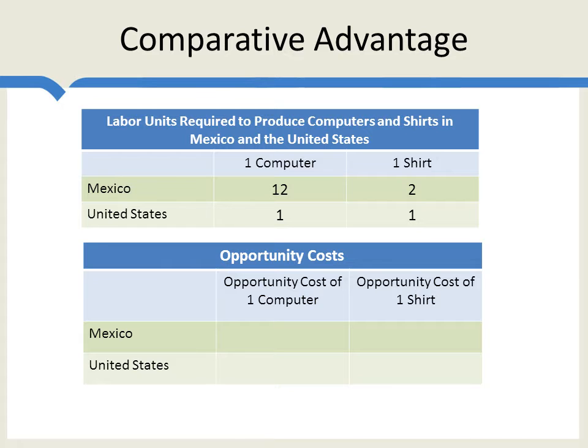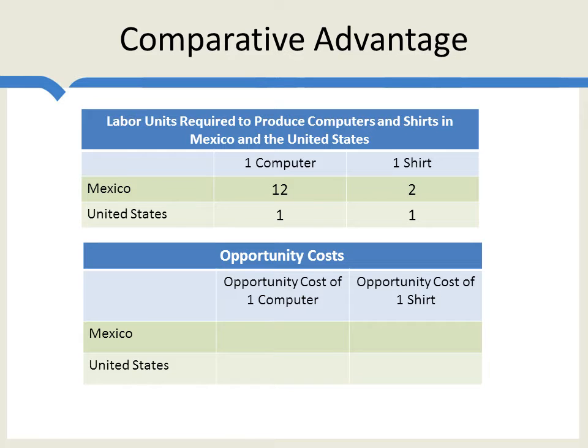Okay. Now, let's begin with an easy case. What's the opportunity cost of one computer in the United States? In other words, to produce an additional computer in the United States, what would we have to give up? Well, in order to get that additional computer, we'd have to take labor from shirt production and move it into computer production.